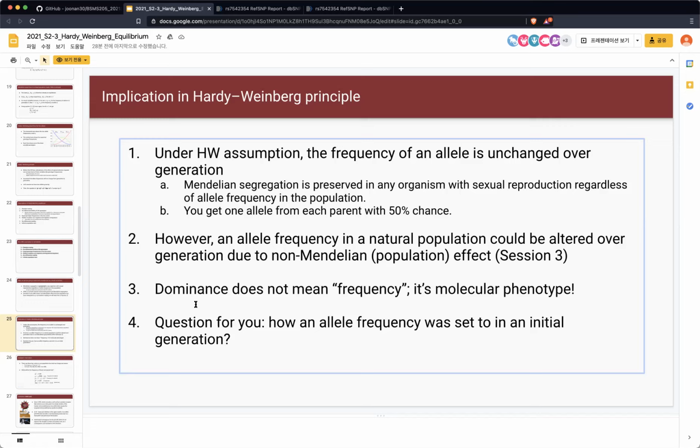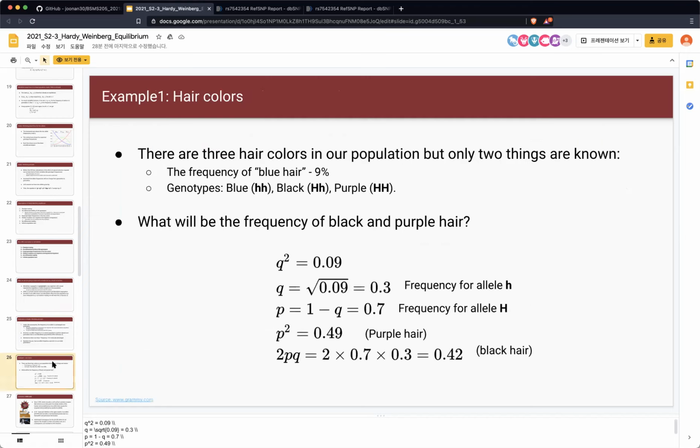And that one has to come up with a population interpretation. Okay, so this is the question for you for the later section, and we're going to discuss this in session 3. Okay, so let's go back to the allele frequency and Hardy-Weinberg, right?